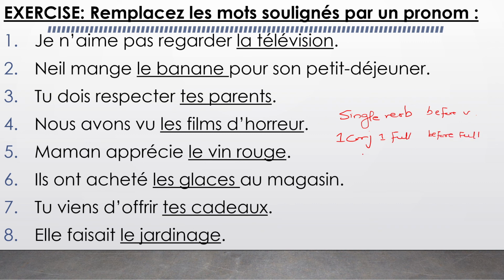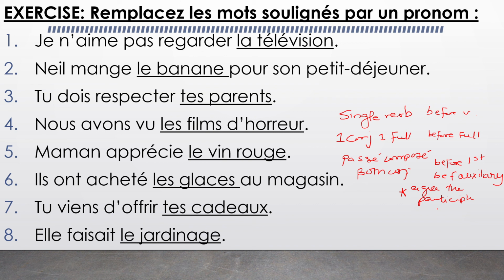Okay, and when you have a passé composé, that is both are conjugated, you have to place it before the first verb, that is before the auxiliary. Okay, and remember also passé composé direct object, you have to do something else. And what is that? You have to agree the participle with the object replaced.